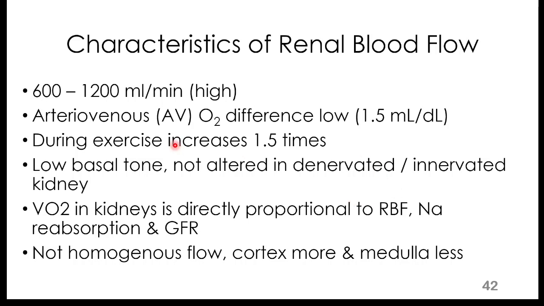During exercise, the renal blood flow can increase up to 1.5 times. The renal circulation has a low basal tone, which is not altered significantly in denervated or innervated kidney.